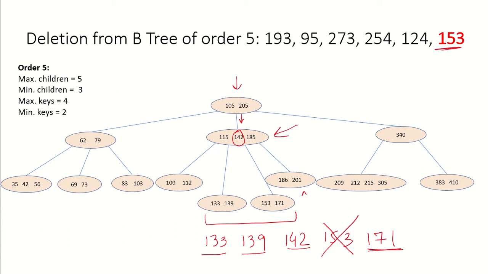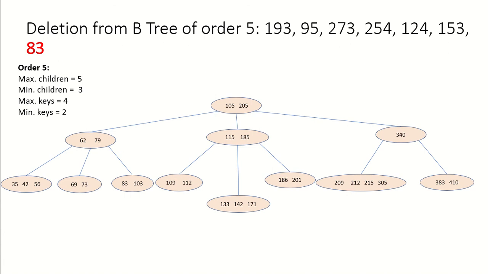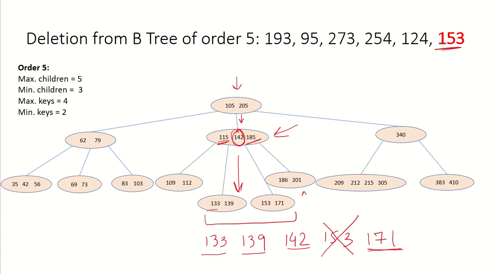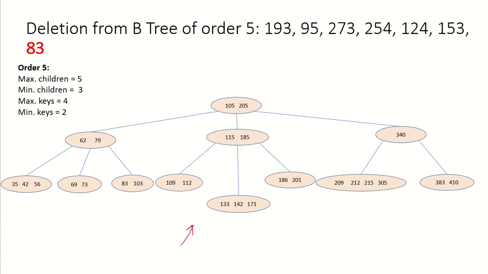In this node, we will just be left with 115 and 185 because 142 has now been merged along with the leaf nodes. So this will be the new structure now. Okay. So you have seen that 133, 139 and all these values have been merged.